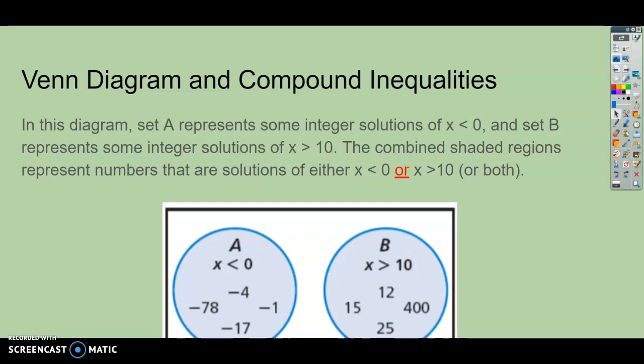The combined shaded regions represent numbers that are solutions of either x less than 0 or x greater than 10 or both. So as you can see, all of these numbers are less than 0, all of these numbers are greater than 10, and both areas are shaded because all of these numbers are in A or B.